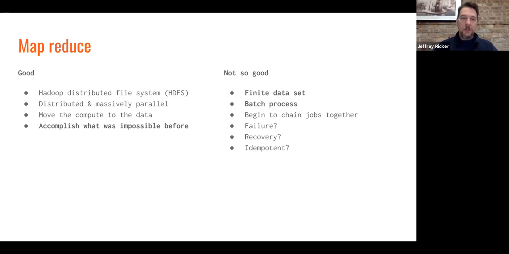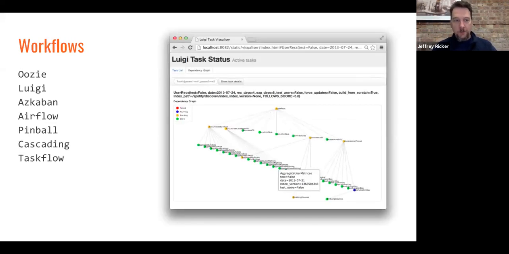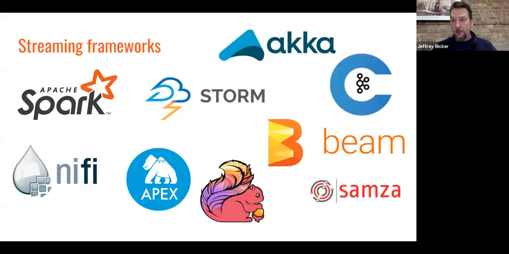And what happens is we started chaining these processes together. We started taking the output of one and making it the input of another. And we'd have MapReduce, MapReduce, MapReduce, which led us to all these complicated workflow infrastructures that we touched on, Oozie and Azkaban and Pinball, et cetera, to where we started making these graphs of map flow steps, which, as we talked about, led to the advent of streaming frameworks.